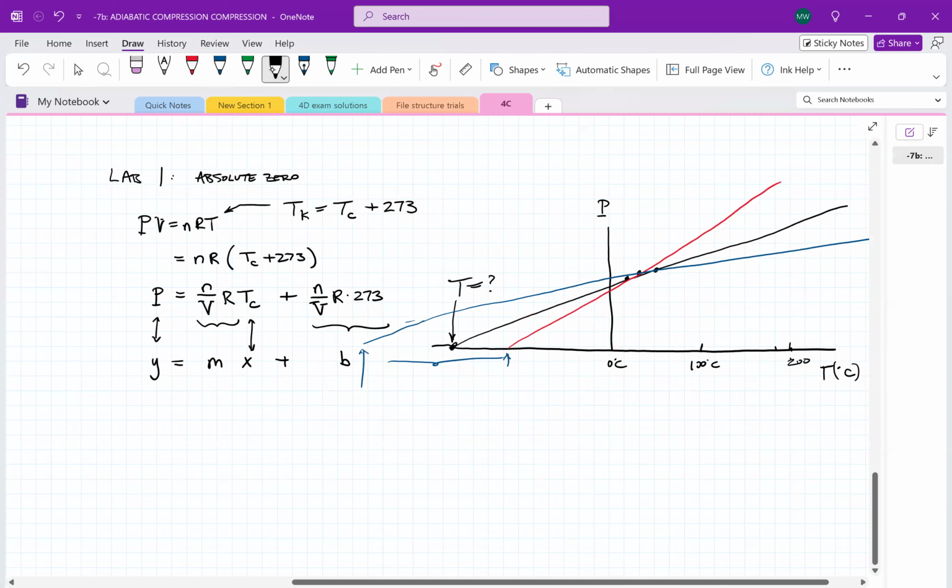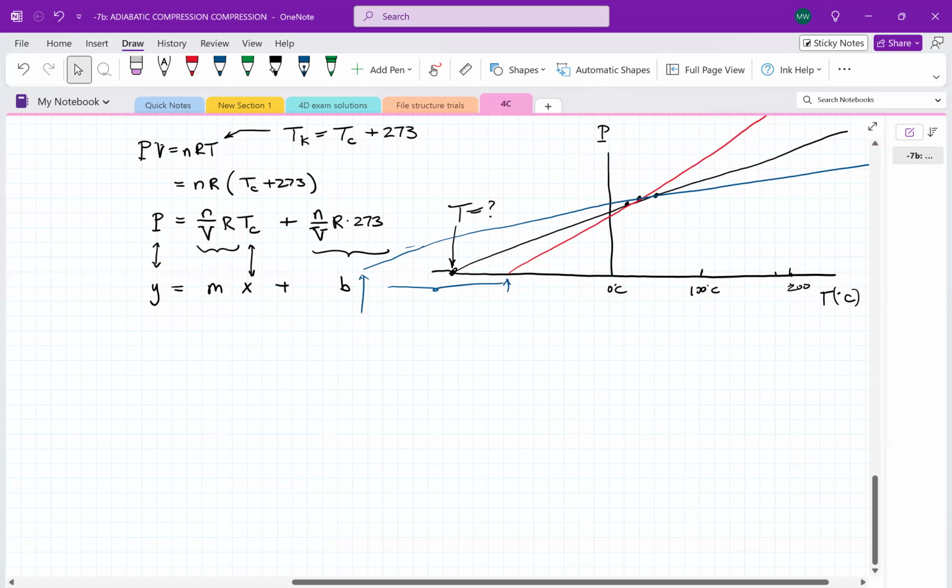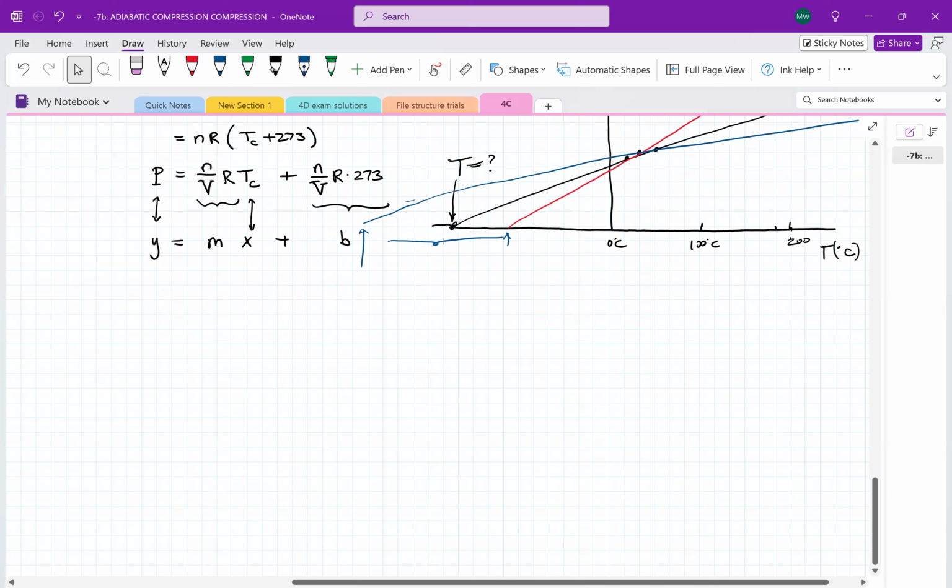Now, in order to do this, we have to take data. So the pressure we need and the temperature we need. In the other video, I show you the experimental setup, but this is kind of what it looks like.